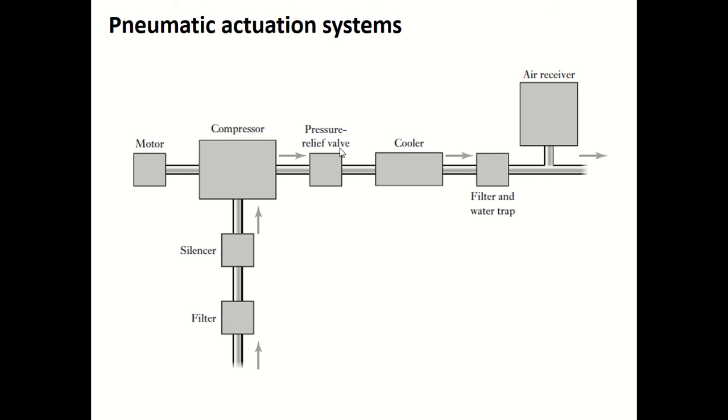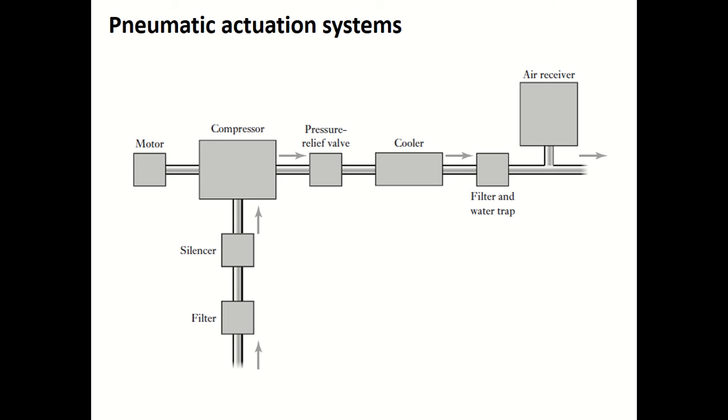We already discussed the different parts of this pneumatic system, isn't it? And we have seen that the compressor is a very important part of a pneumatic actuation system. As the name implies, a pneumatic actuation system utilizes compressed air, so the compressor forms the major component.